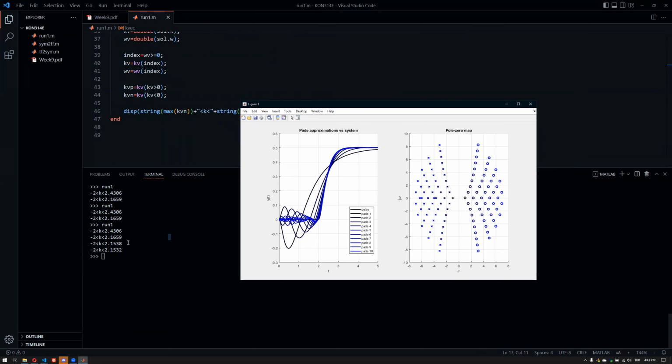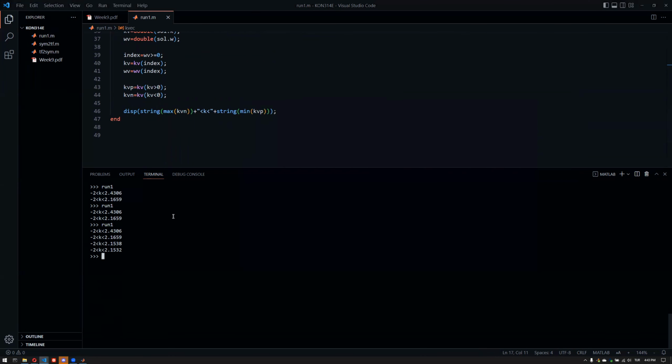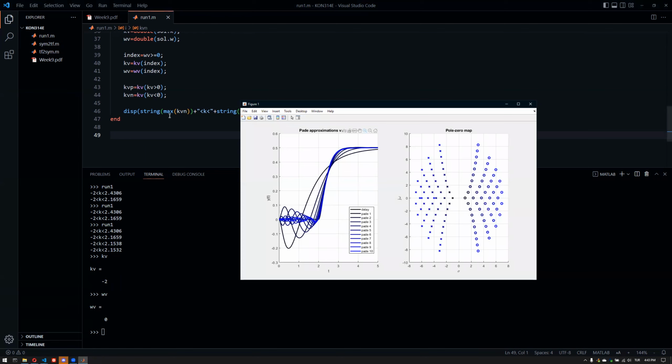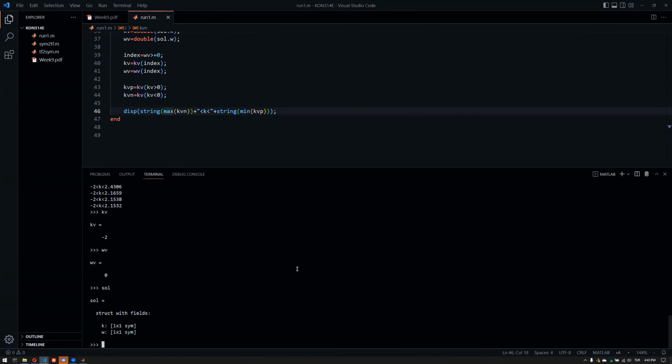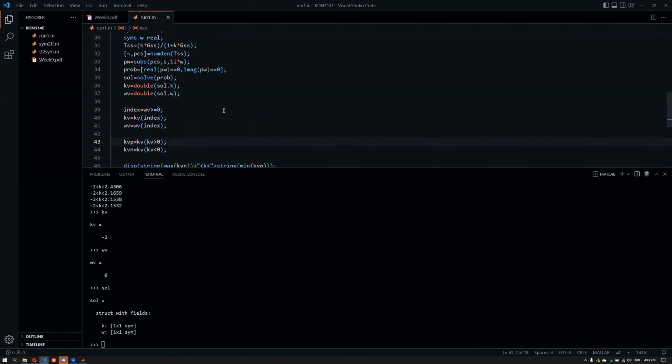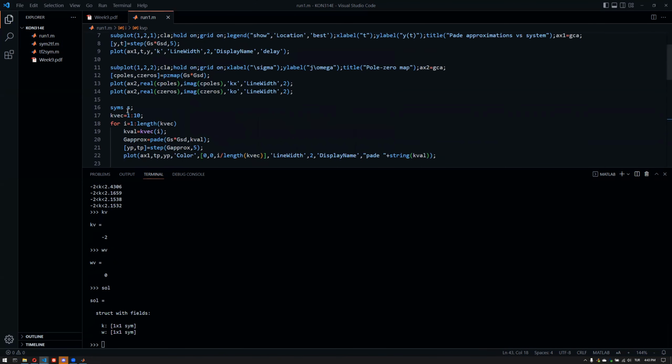There are only 4 printfs. I'm curious about the current kv here. Maybe, interesting. At some order, we even have issues solving it. Maybe a solution is not available. Oh, there's just one solution there. Interesting. Why is that? Let me see.